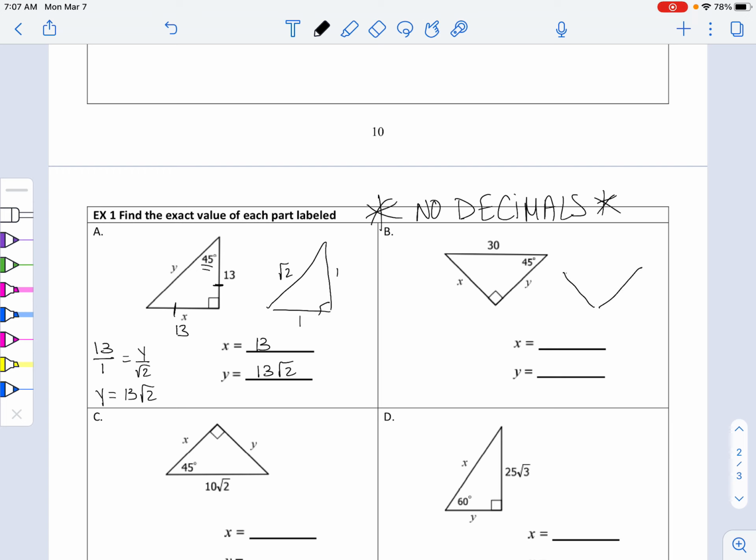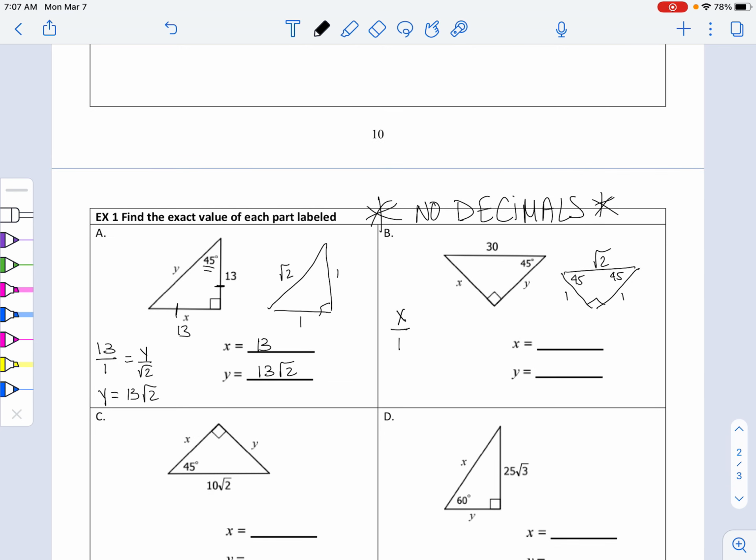Similarly, I would set up my ratio triangle in the exact same orientation as the picture. I know that these are 45, 45, 90s, so I'd have 1, 1, square root 2. To find x, which is also finding y because they're the exact same thing, I would set up x over 1 equals 30 over square root 2. And I'd right away have that answer, 30 over square root 2, but I'd have to rationalize because we can't leave radicals in the bottom.